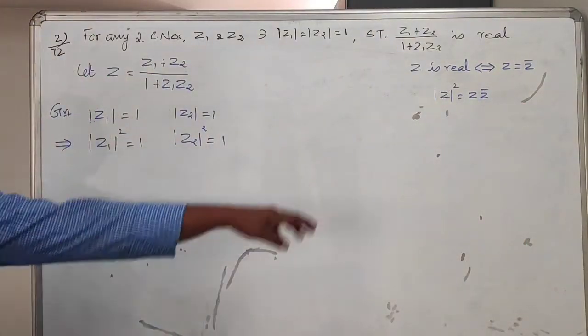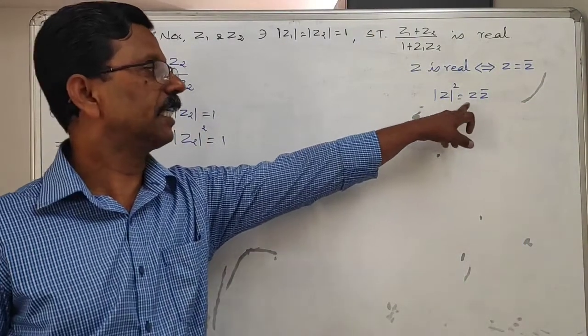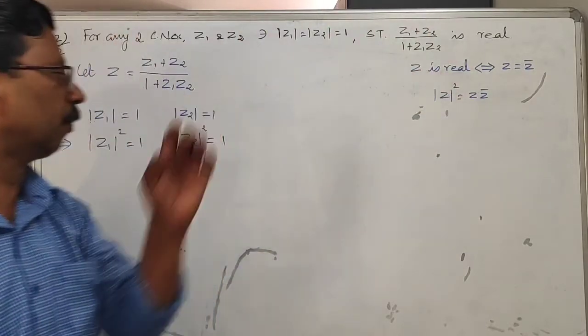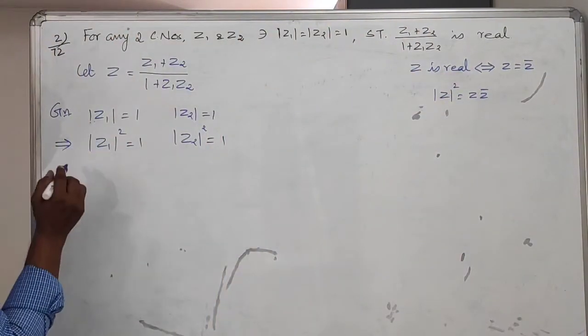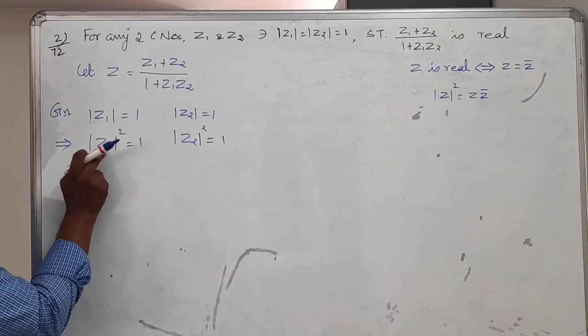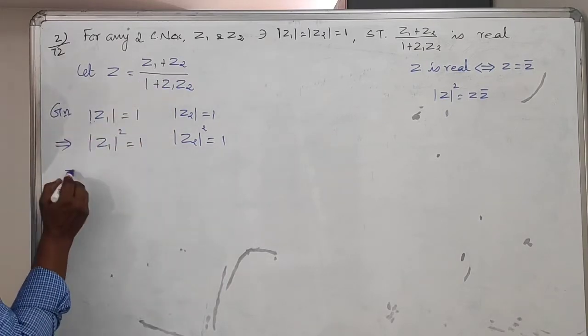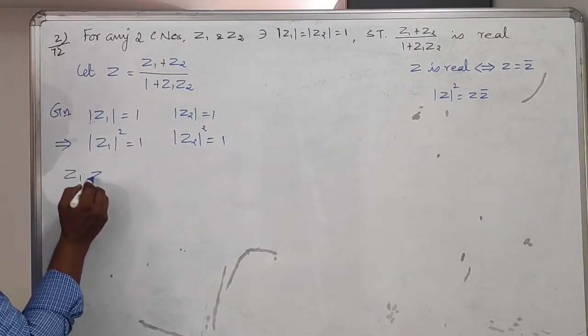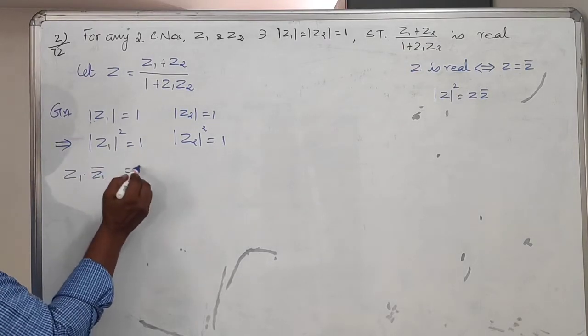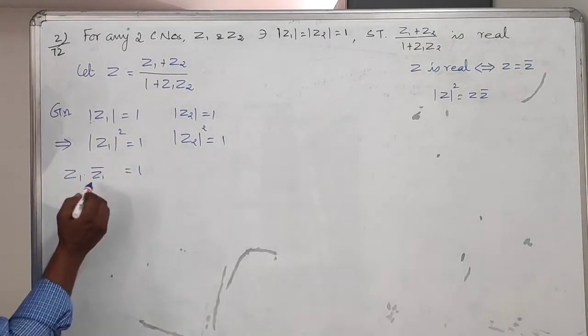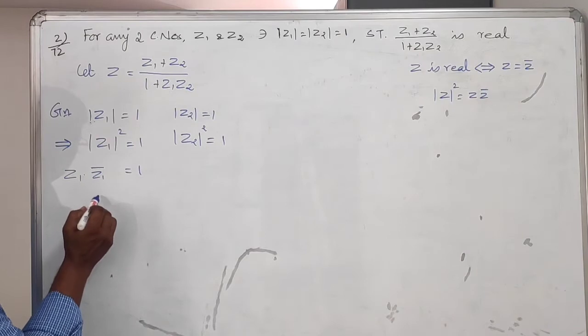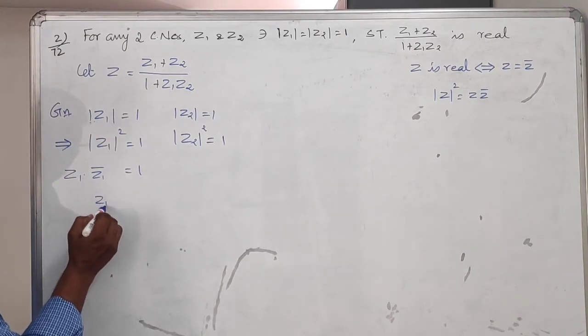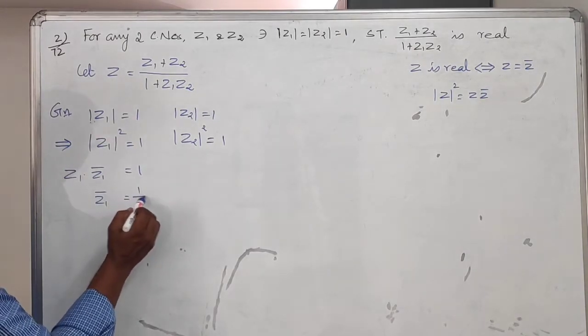What is modulus Z square? One of the properties you have seen, modulus Z square equals Z into Z bar. Therefore, instead of Z, we have Z1. Therefore, you can write Z1 into Z1 bar is equal to 1. Therefore, from this you can write Z1 bar is equal to 1 by Z1.